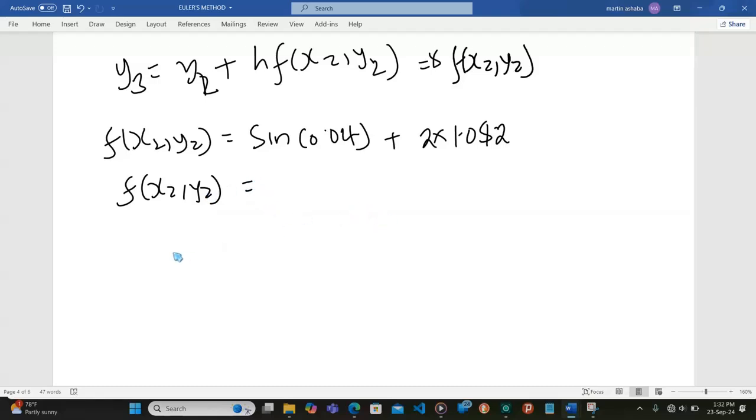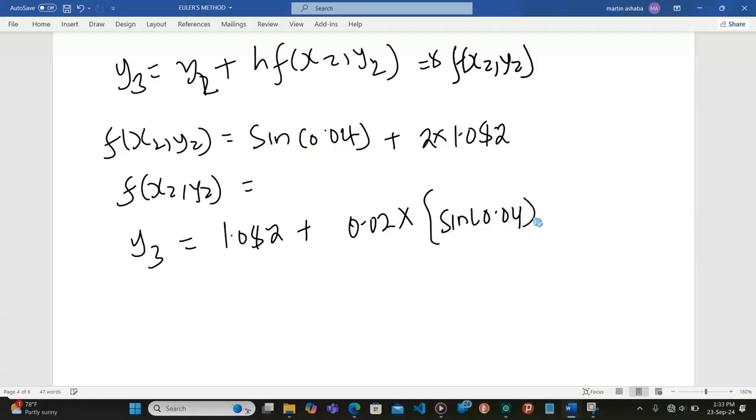And then we will be able to find our y3, which will equal y2, which we already said is 1.082, plus h. What is h? 0.02 times this value, sin of 0.04 plus 2 times 1.082.